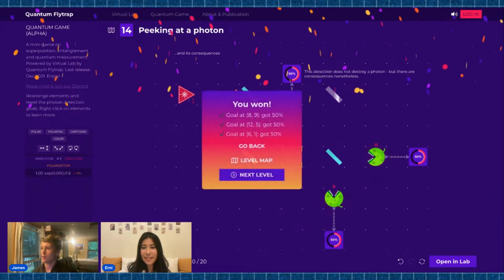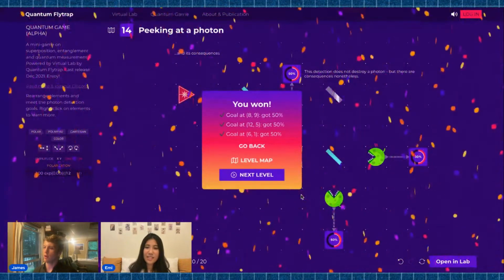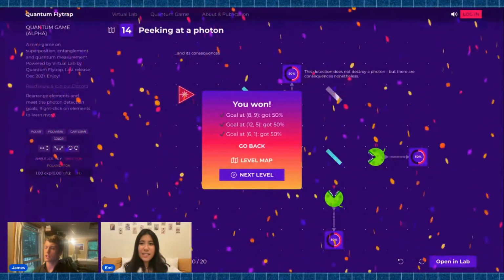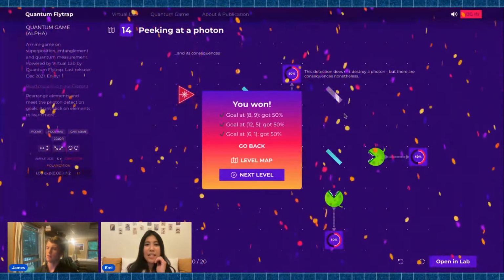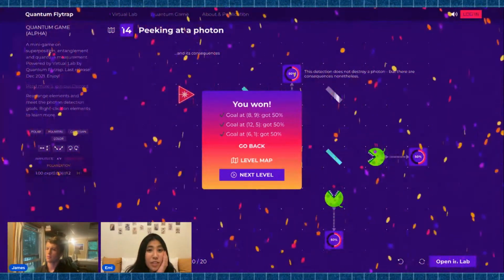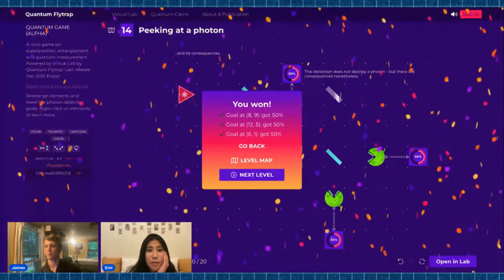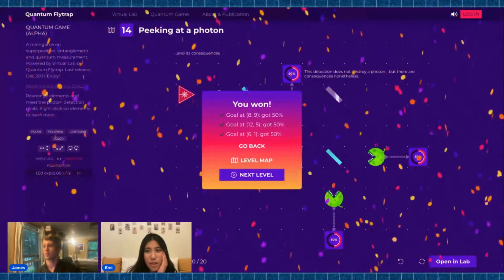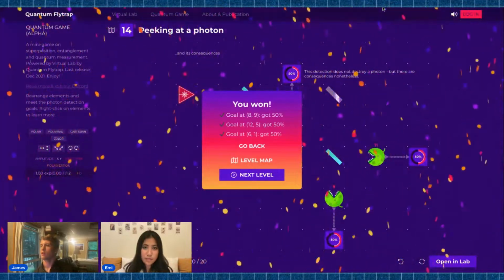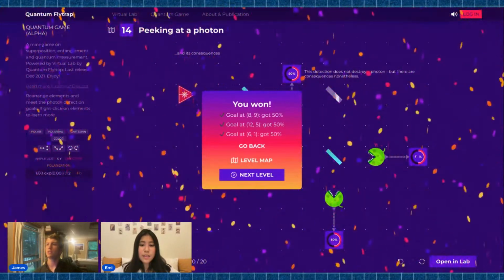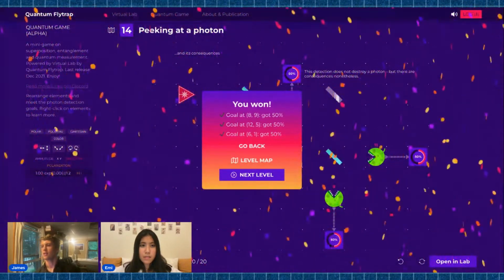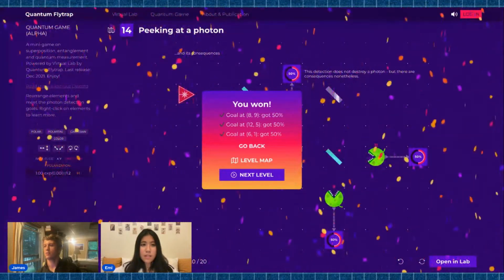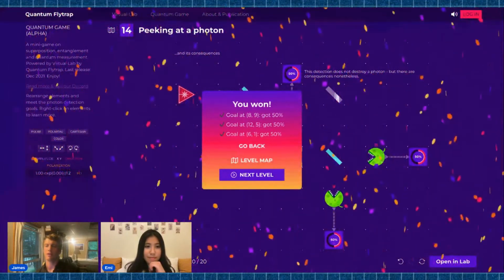Isn't there something about if you observe the position, you'll change the momentum, or the other way around? If you observe the position of a photon, you can't observe the momentum. And if you observe the momentum, you can't observe the position. So we observed the position, which caused the momentum to be 50-50, or no?